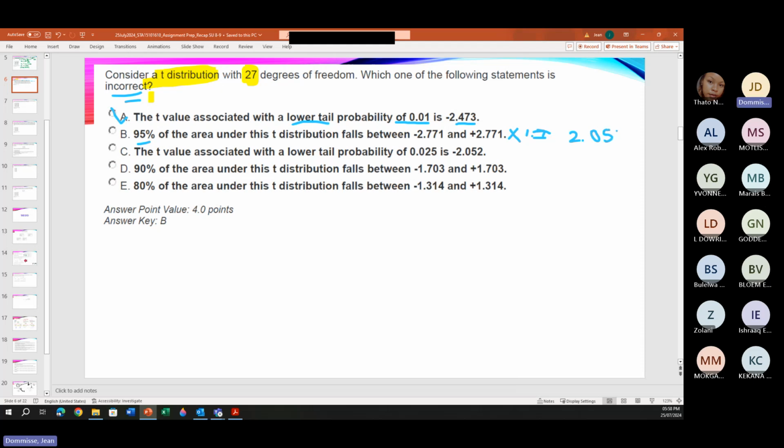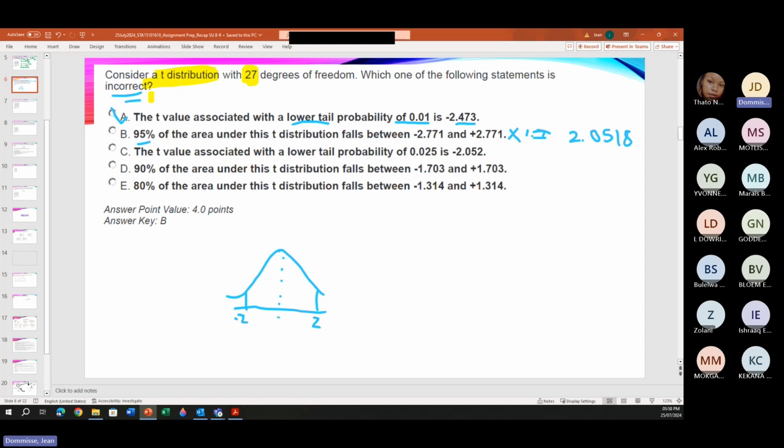And so very important, just like we would have done with a Z table, if they ask us on a Z table between the two Z's, please treat the Z and the T table exactly the same in this regard.